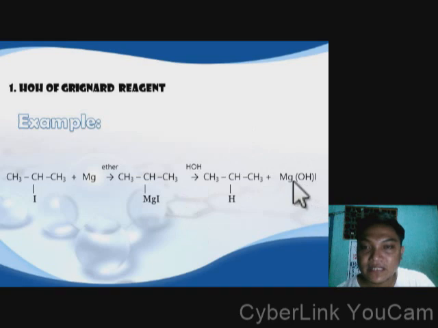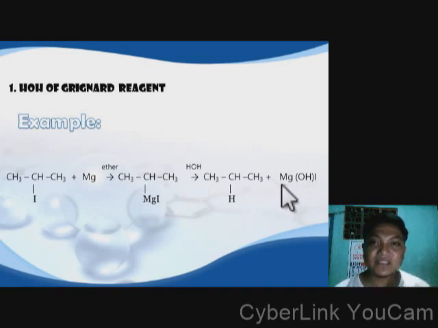Meron na tayong CH3, CH2, and then your CH3 plus magnesium hydroxide iodide. Okay? So, meron tayo ditong propane na nabuo. That is your water of Grignard reagent. Okay. Example is your 2-iodo-propane.